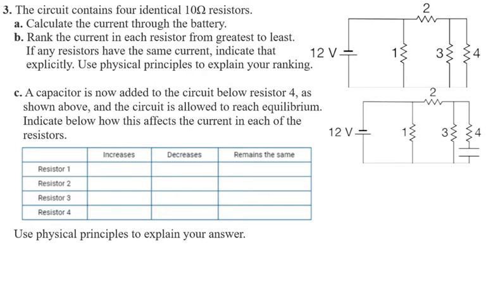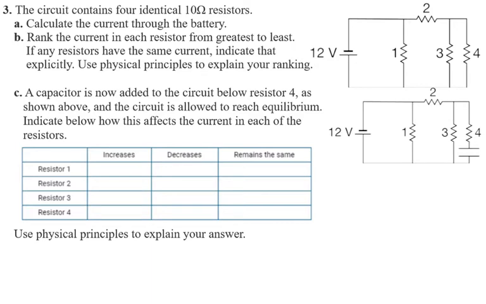So the circuit contains 4 identical 10 ohm resistors. Calculate the current through the battery. Rank the current in each resistor from greatest to least. If any resistors have the same current, indicate that explicitly. Use physical principles to explain your ranking.